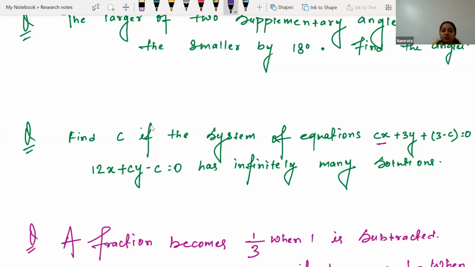Ma'am, a1 by a2 is equal to b1 by b2 is equal to c1 by c2. Yes, ma'am.